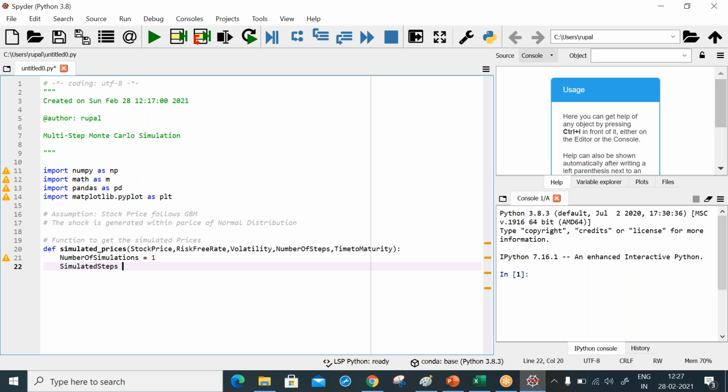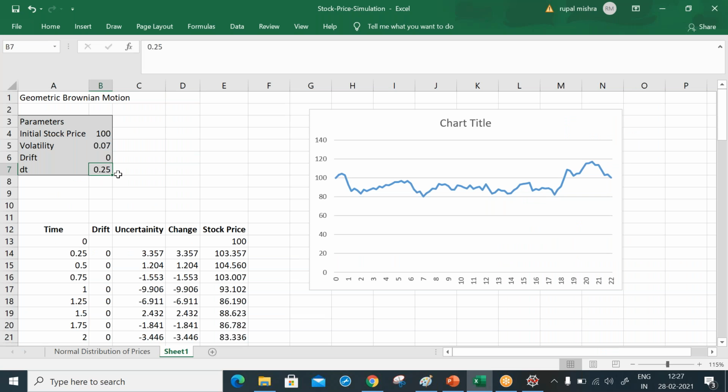Simulated steps is a new variable which is equal to your number of steps multiplied by time to maturity. I think by now you must have understood that your number of steps are 4. The value of dt that we took yesterday was 0.25. So the number of steps are 1 divided by dt.